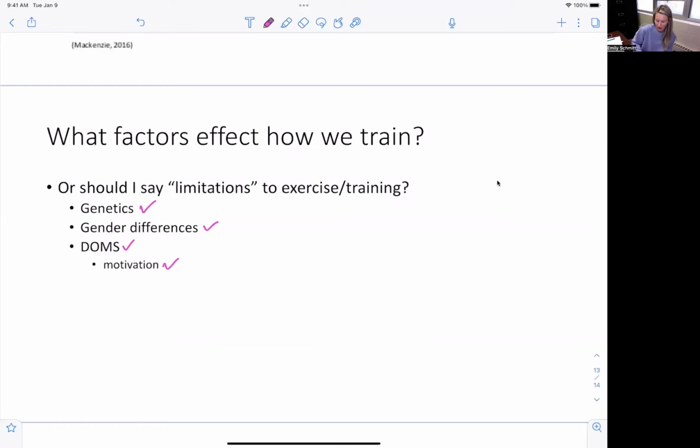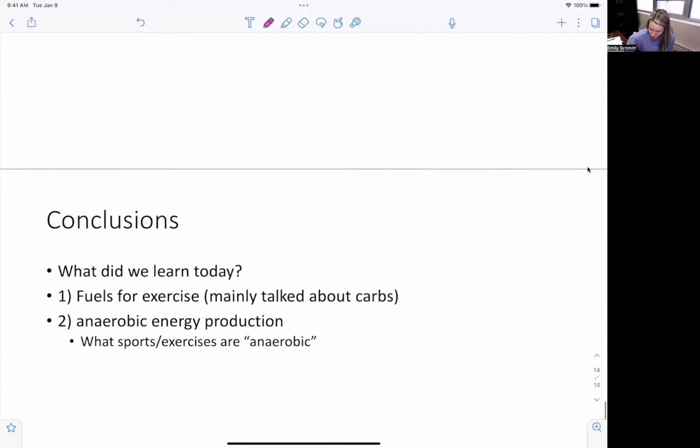So, you know, I always make the joke that I'm an aerobic athlete. I'm never going to excel at the anaerobic type sports. That doesn't mean that I can't train and try to be better at those, but I know that my genetics kind of lends me to more of the aerobic sports, but you can train. And so you don't have to pigeonhole yourself into one specific thing, but definitely know that these are certain limitations that really affect how you train and exercise.